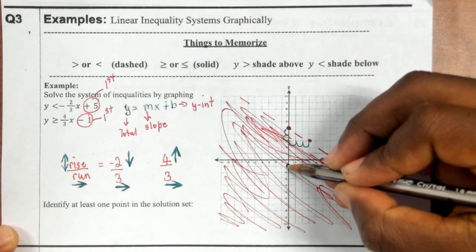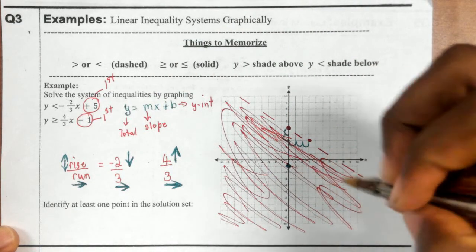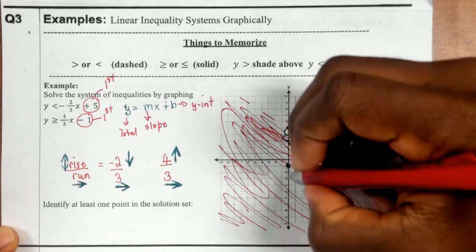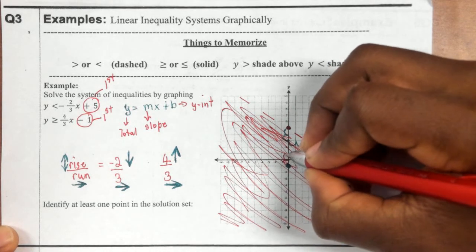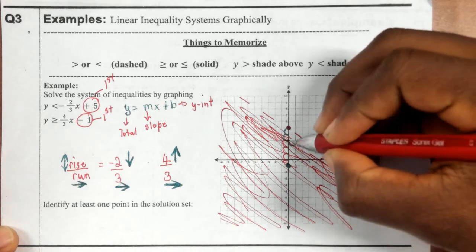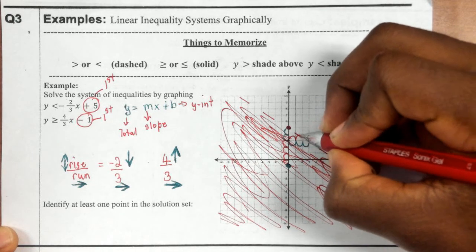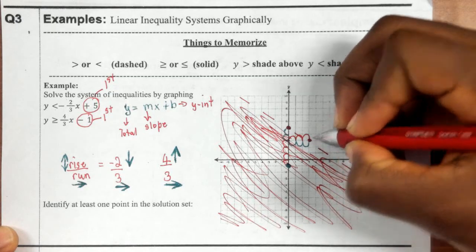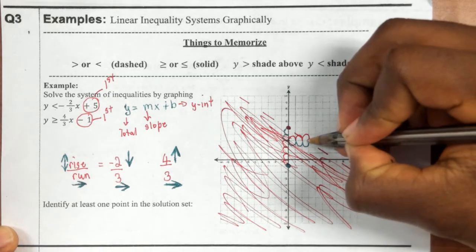I'm going to start here at my y-intercept and go up 1, 2, 3, 4. Then I'm going to go to the right 1, 2, 3. So I would be right here.